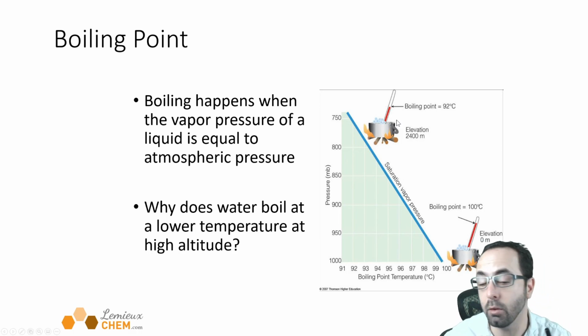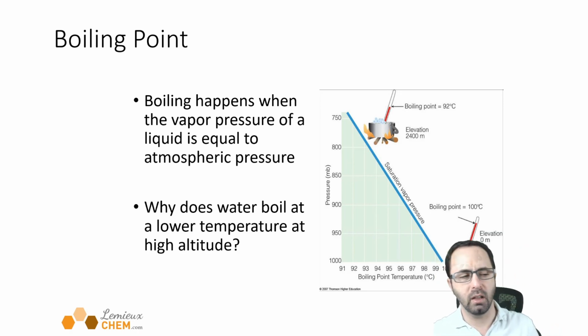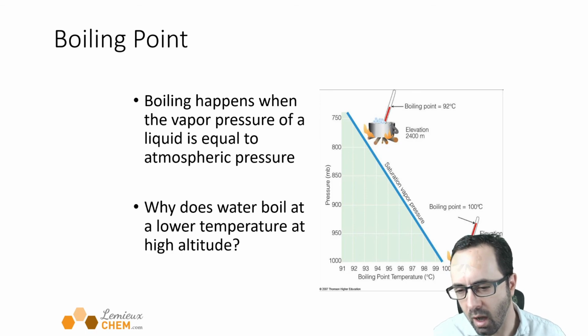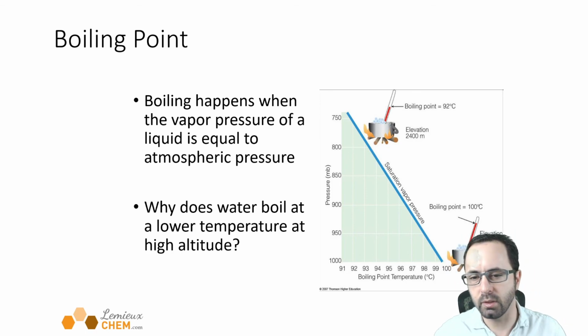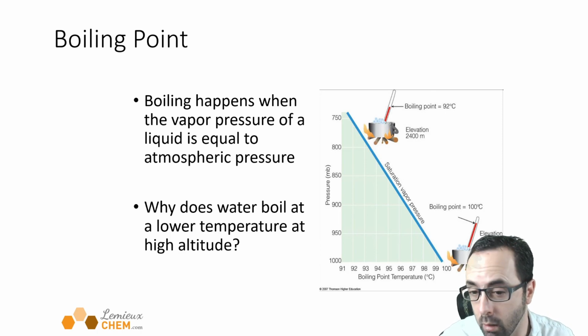And that has an interesting impact on cooking, for example. If you ever look at some baking instructions on a box, or cooking pasta, it will say regular instructions and high elevation instructions, right? And the high elevation instructions will tell you to cook it longer, basically.